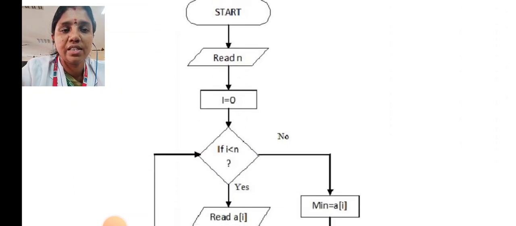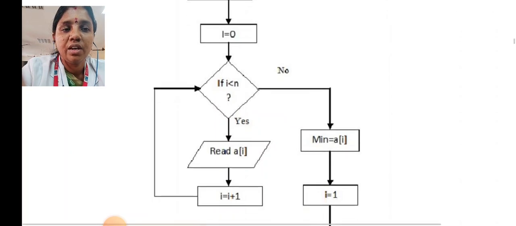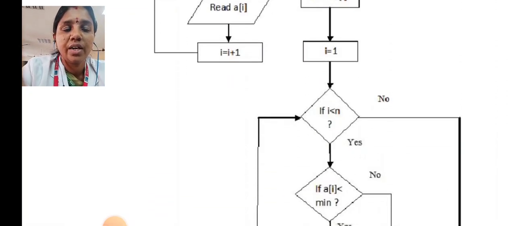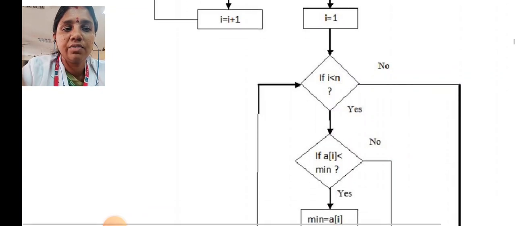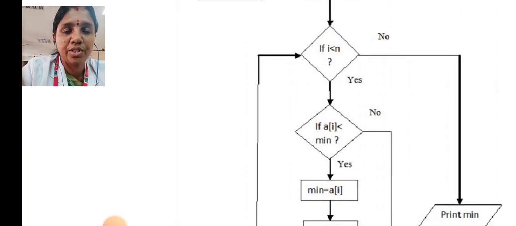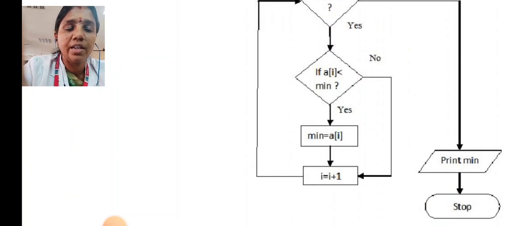If I is less than n, yes, read A of I, then I is equal to I plus 1 and minimum is equal to A of I is equal to 1. If I is less than n, then no. If A of I is less than minimum, then we assign and print the minimum, array index A of I. Then I is equal to I plus 1.